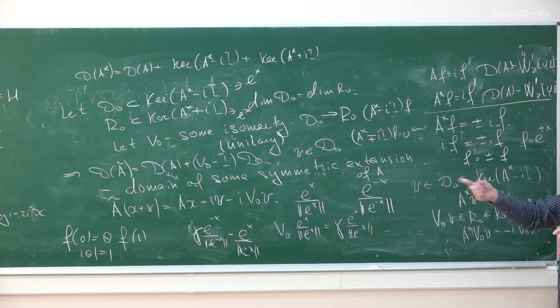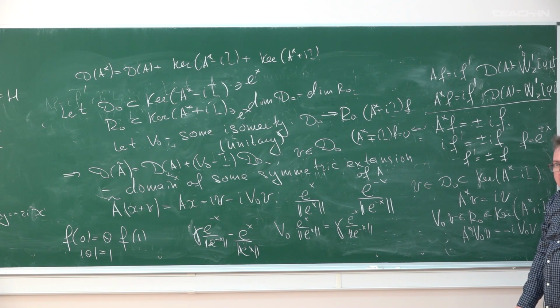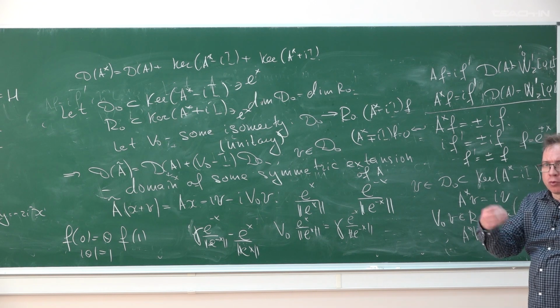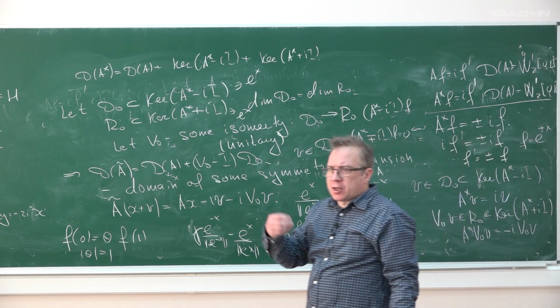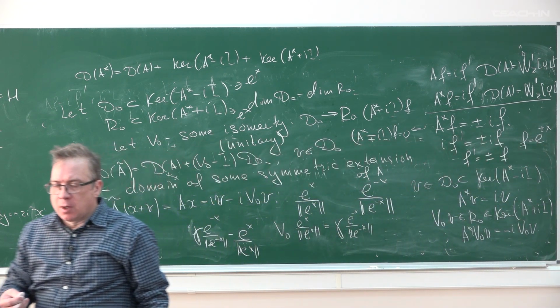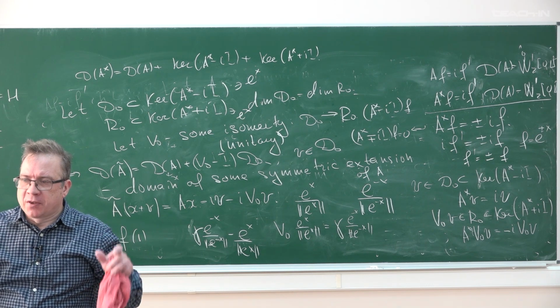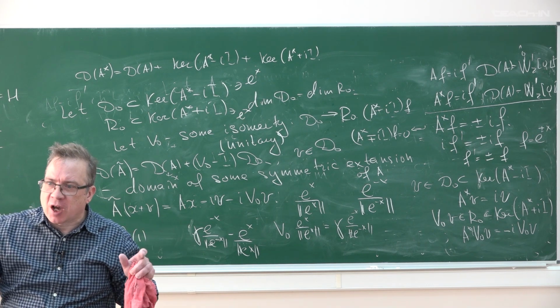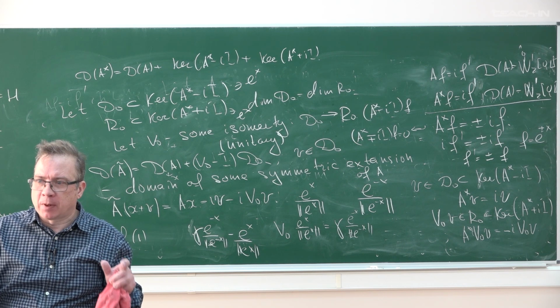And you construct an isometry between these two subspaces. Yeah, these are exponents. But if you want to find just an isometry, you must check that the norms of these functions are the same, for example, equal to 1.